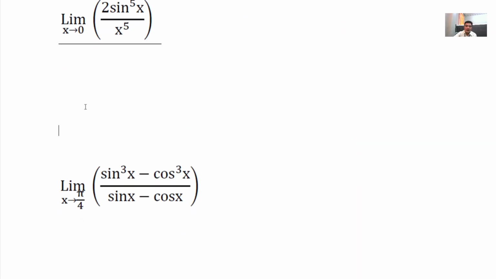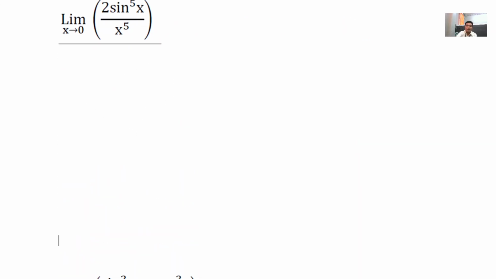Okay. For second to the last problem, same as the example last time class. So that is 2 times sine x all over x to the fifth. Diba ganyan yan? Limit as x approaches 0.